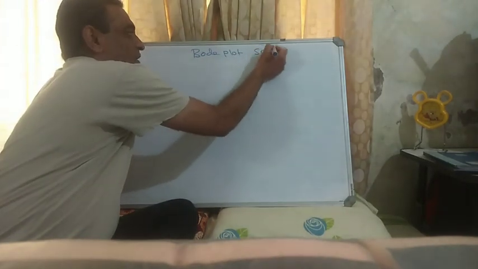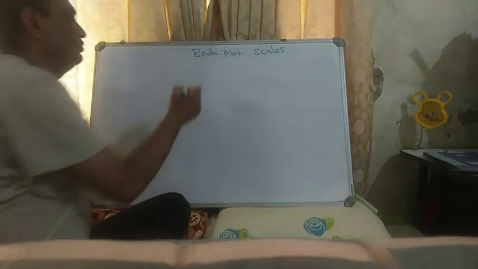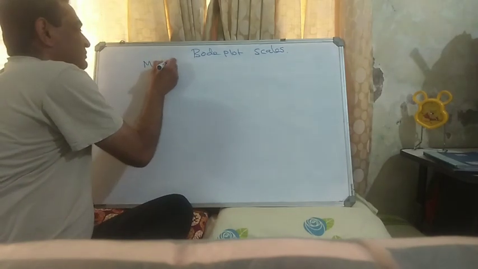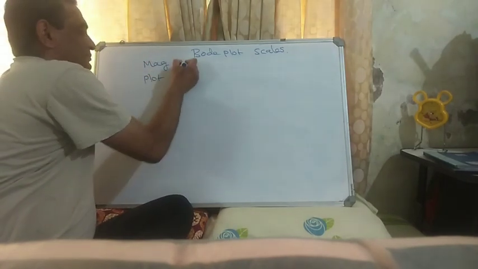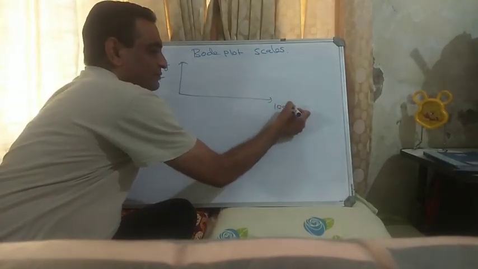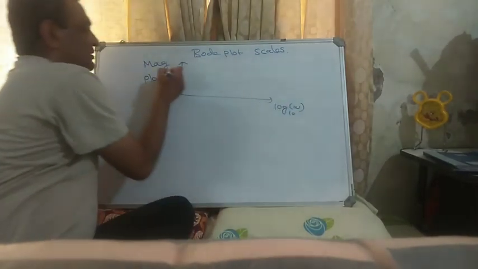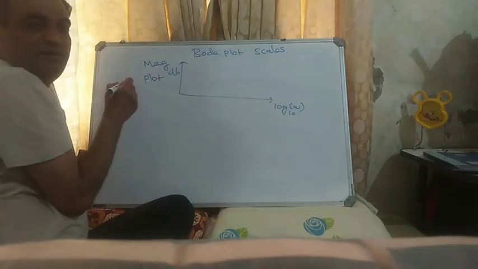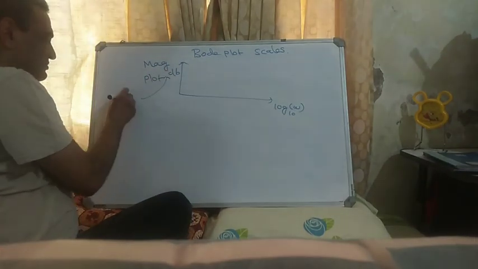Bode plot scales. In the case of the magnitude plot, this axis is log w base 10, and this is dB, decibel.